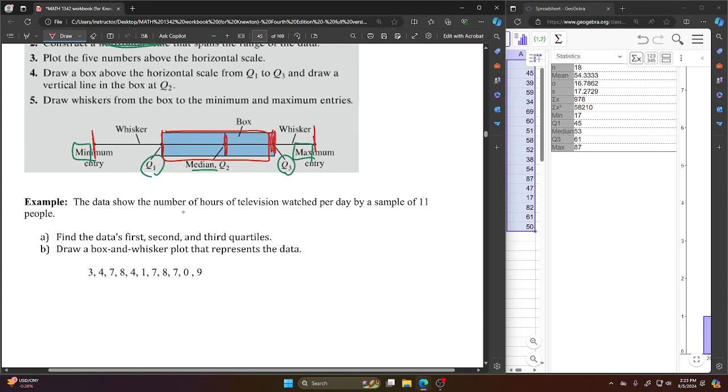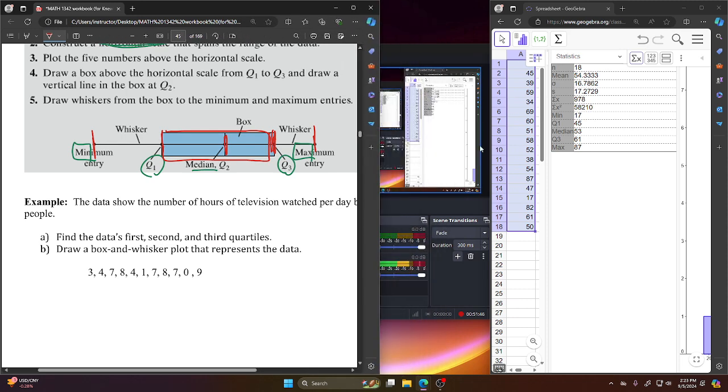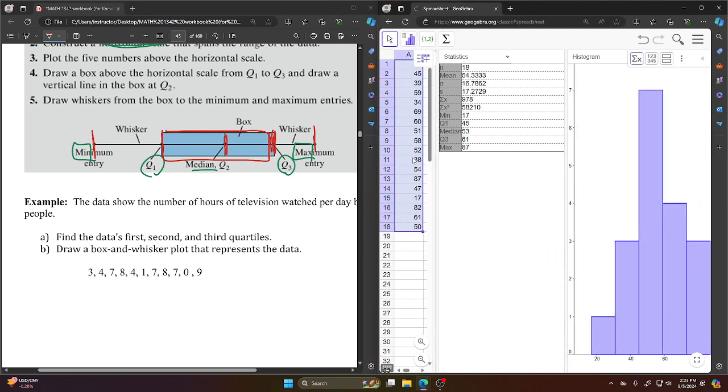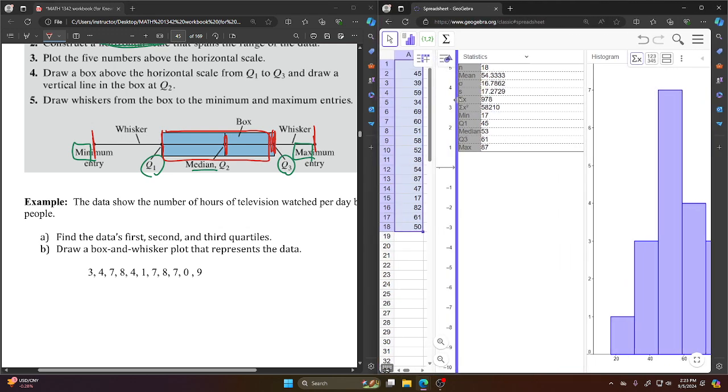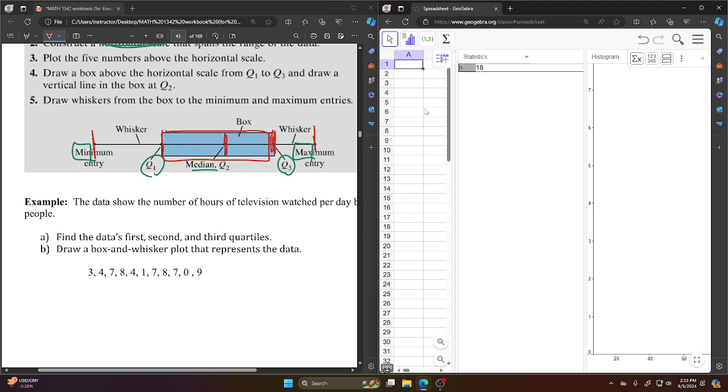So they say for these numbers, draw the box and whiskers. So I need to find the quartiles first, right? What do I do to find the quartiles? GeoGebra for sure. Okay, here we go.